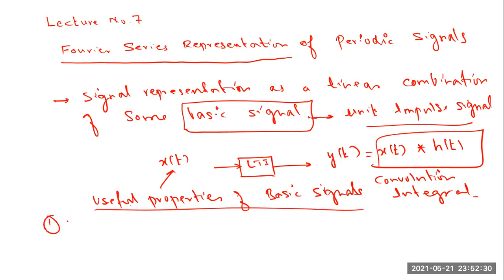One useful property that we always look for in basic signal is that they should be able to represent a broad category of signals.